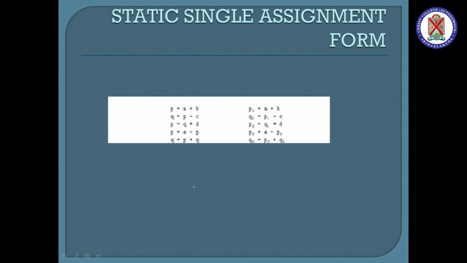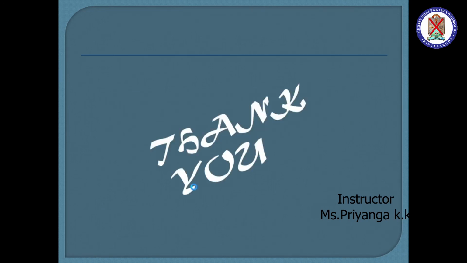So for that, static single assignment is used. The main thing to keep track of is that when you use static single assignment in the control flow path, we must use phi to check which path is being handled. So that's about static single assignment form.